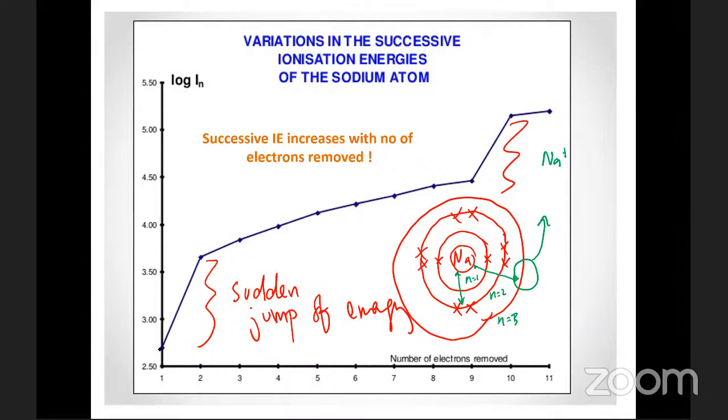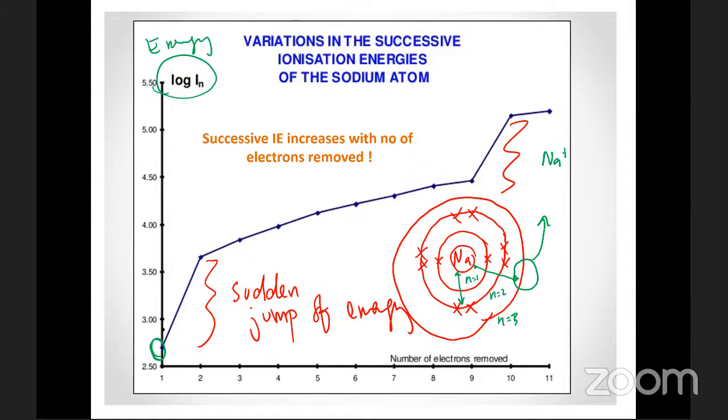So that is why, if you see, this is energy, and this is number of electrons removed. When you remove the first electron, not so much energy is required.